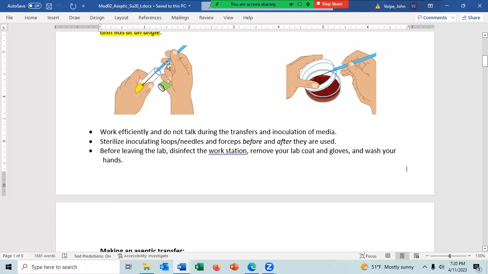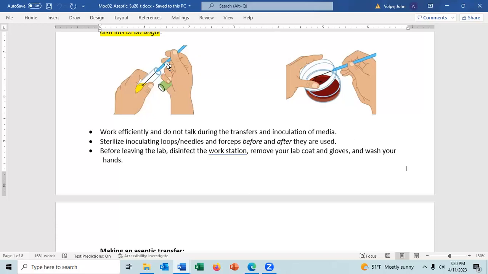So I'm going to pretend that the green part is the metal part, and this is the rubber part. What you want to do is stick only the wire portion in the tube or the plate, and don't stick the rubber part in the tube.